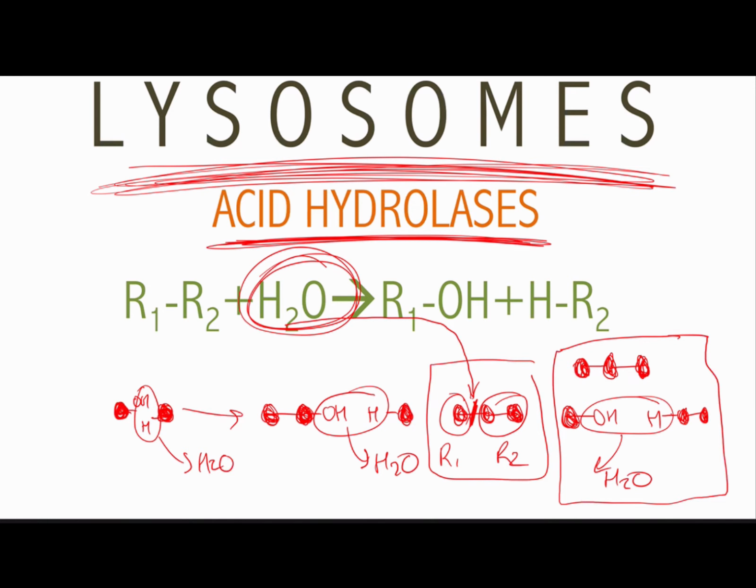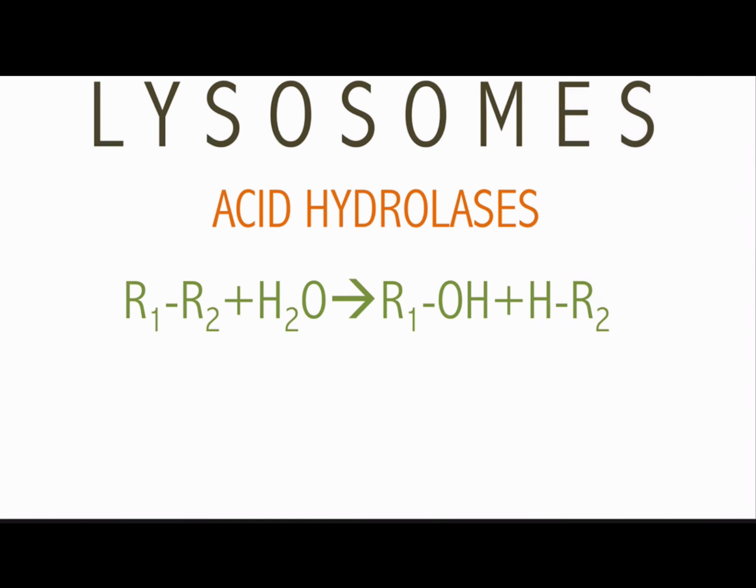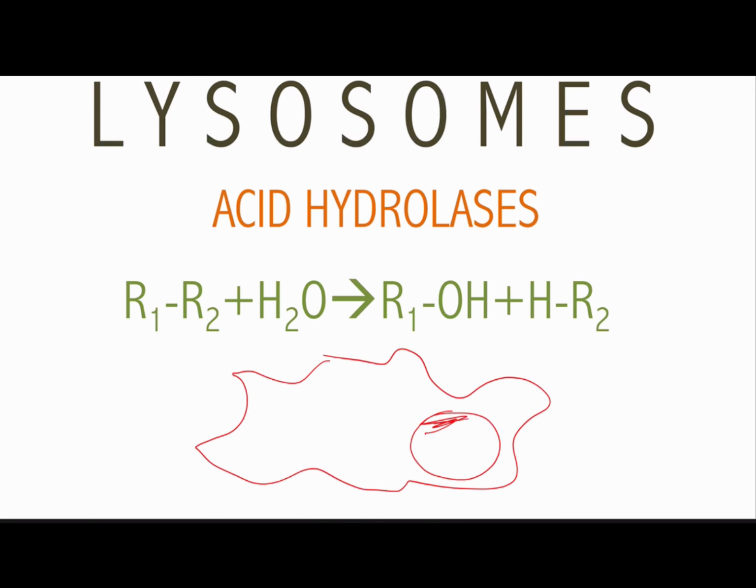So the last thing to kind of talk about here is to revisit this idea of compartmentalization, because if you think about what we're doing here, okay, here's just a cell, here's a nucleus, that's good enough to be a nucleus, that's fine.